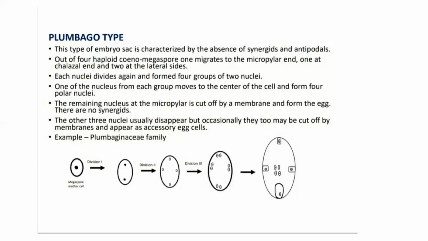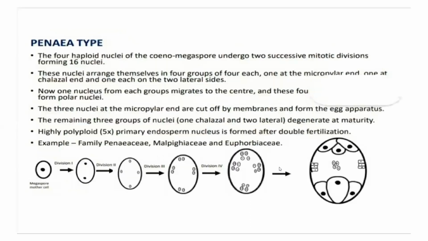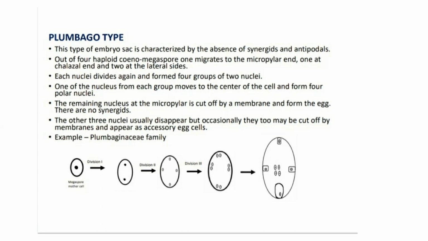One nucleus from each side gets arranged at the center. It becomes cellular, and the tetraploid secondary nucleus is formed. So in the tetrasporic type, 4 nuclei are fused together at the center part.